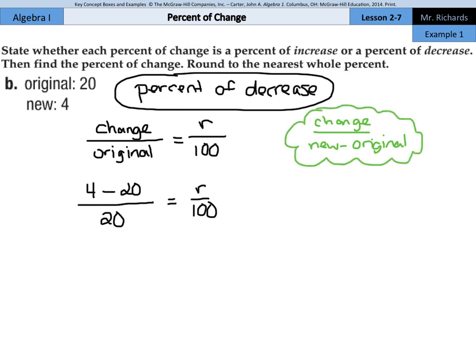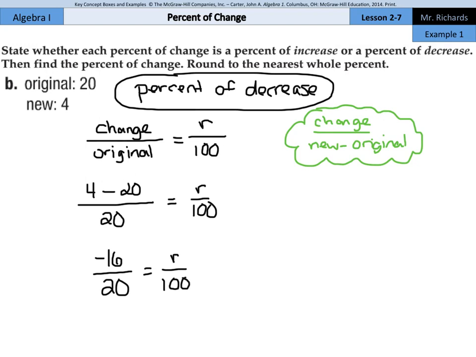And that's what we did here, our new of 4 minus the original of 20. In the first example, it was the new of 40 minus the original of 32. The reason we do this is so we can get a negative percentage. 4 minus 20 is negative 16 over 20 equals R over 100.